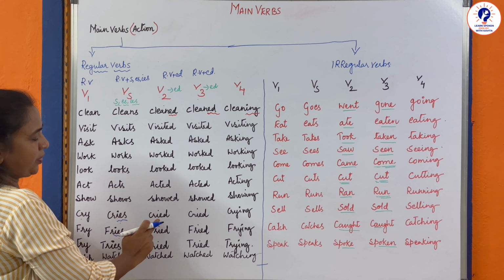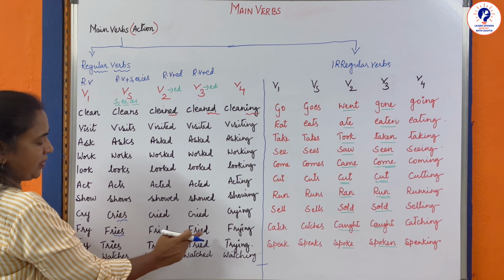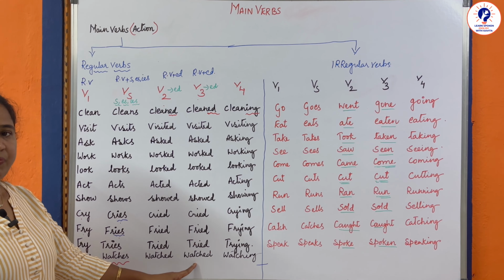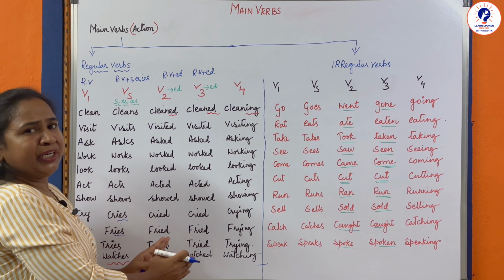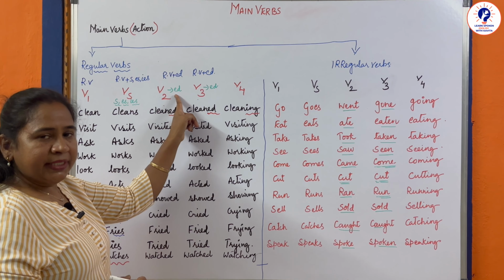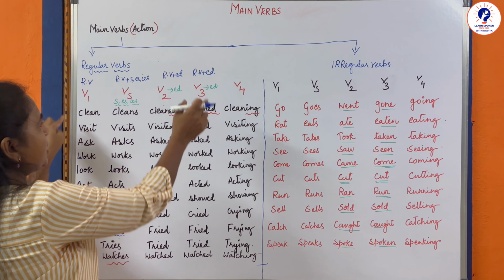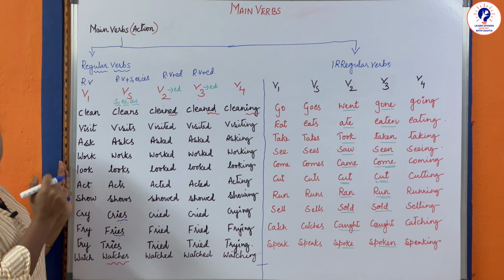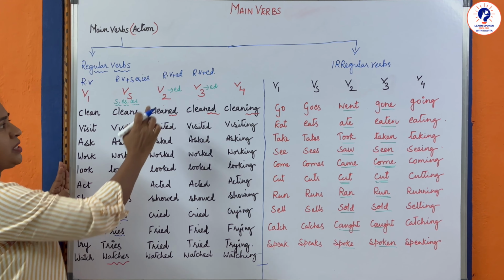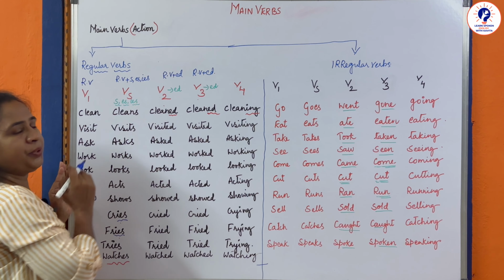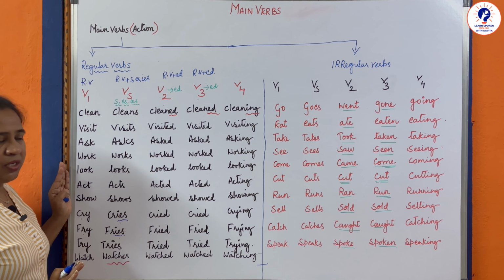Showed, showed. Cried, cried. Fried, fried. Tried, tried. Watched, watched. So you have the regular ending of suffix ed added to the root verb. That is why these verbs are called regular verbs. Regular verbs mean that to V2 and V3 you have the suffix ed added. Got it? They are called regular verbs.